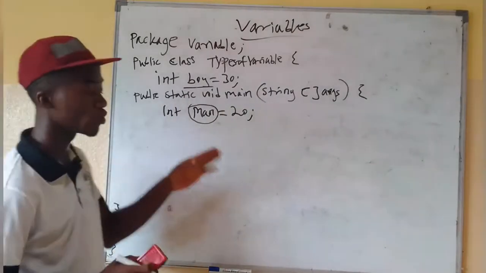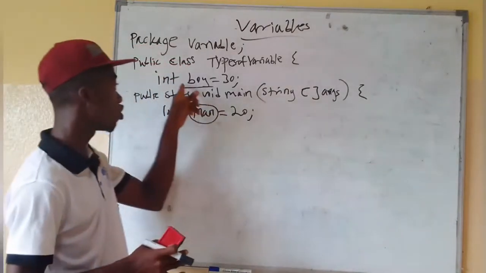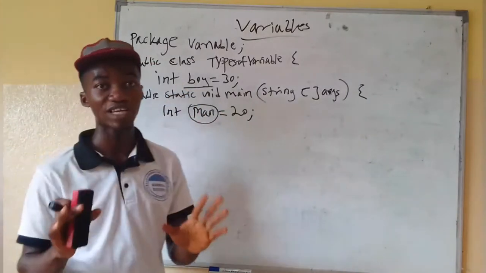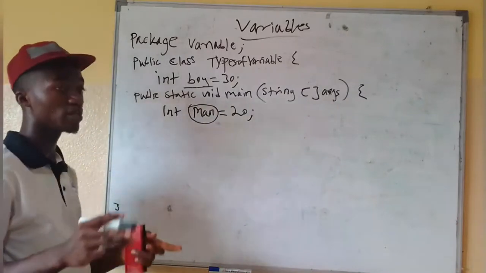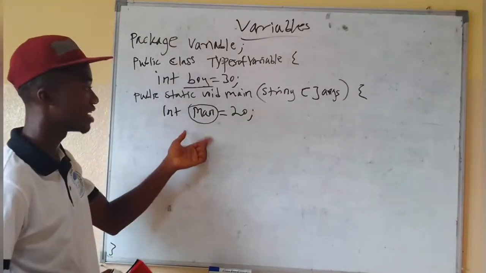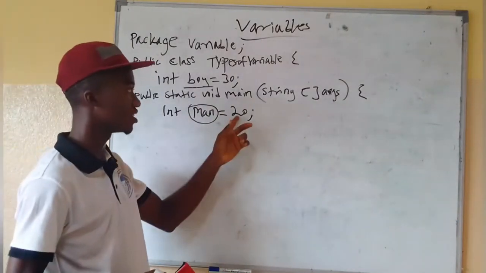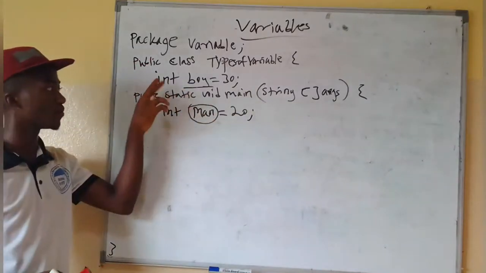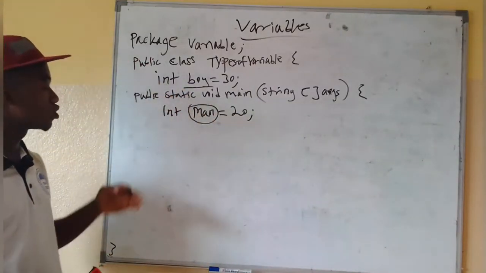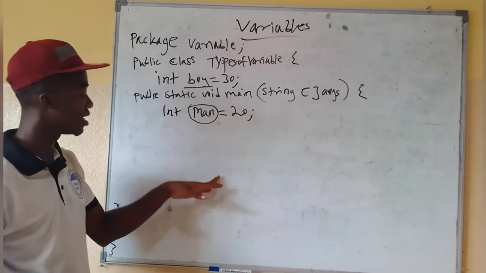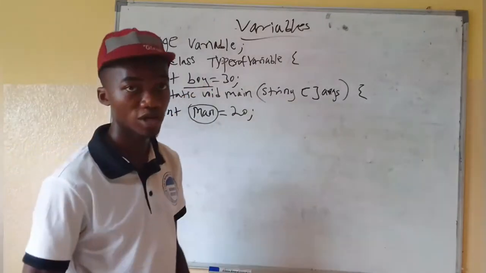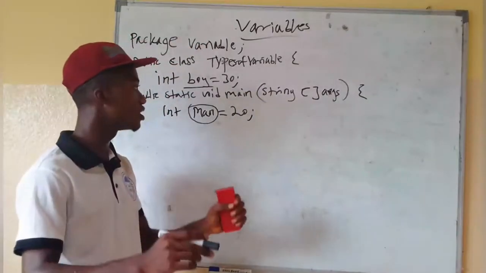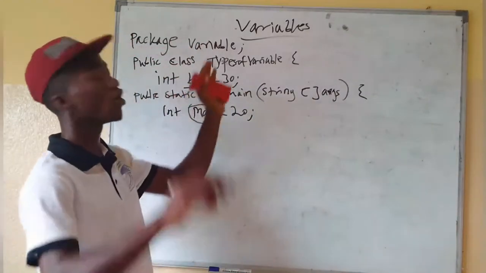We said local variables we can have access to directly, but for instance variables we cannot have access to them directly. How? Let me explain to you. Now, if you go to the System.out.println method and type man, then you print out on the console, you see 20. But in the case of an instance variable, if you go to the System.out.println method and type in boy, it will show an error, except you use the new keyword followed by the name of the class.